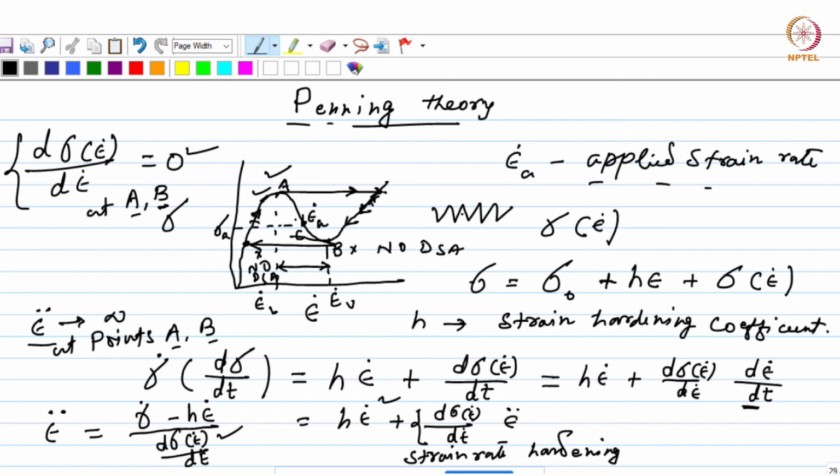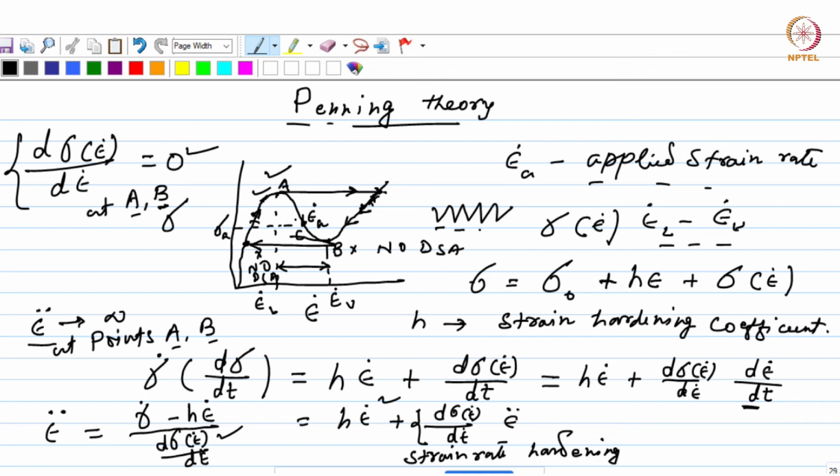This phenomenon of going up and then coming down will continue to occur as long as you are within the strain rate range, epsilon dot L to epsilon dot U, in which the DSA can occur.